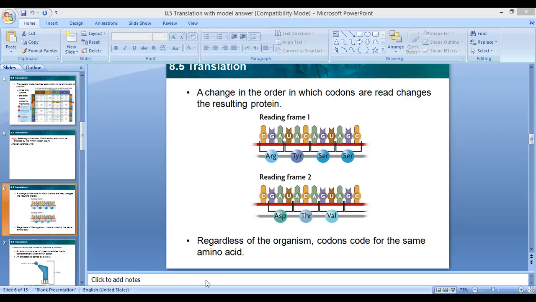Does anyone have a question, guys? Any question? All right, all clear. Okay, so again, translation here is converting the mRNA message to a polypeptide or protein. And we said in the genetic language the words are codons.